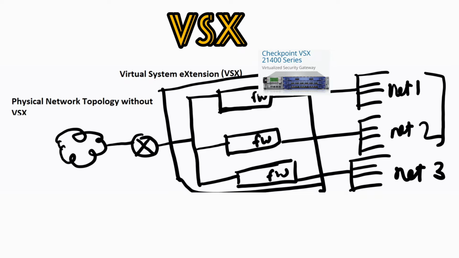Using only one hardware, configuring only one hardware, you will be doing the same work that we do with the topology without VSX. This is the benefit we get from the VSX feature of the Checkpoint firewall, and this is a brief overview of VSX.